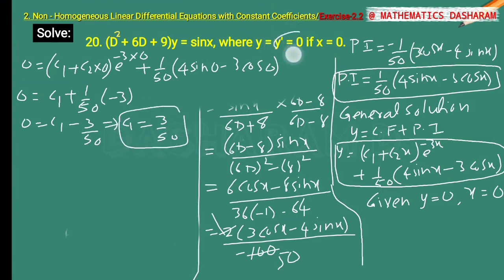Now one more value, y dash equals 0 if x equals 0. First of all, find the derivative of the function y with respect to x.